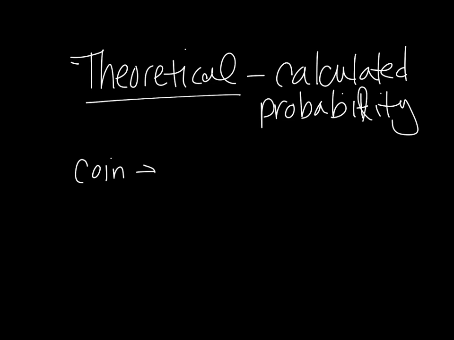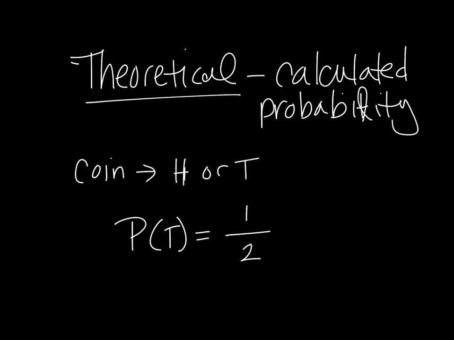A coin has two sides, a head side or a tail side. So if I write the probability of getting tails when you flip a coin, on the top I write how many tails there are. On a coin, there's only one. On the bottom I write how many sides there are total, and there's two. Then I can rewrite that as a decimal or a percent. That is theoretical probability because I used what I knew about a coin to make the probability.